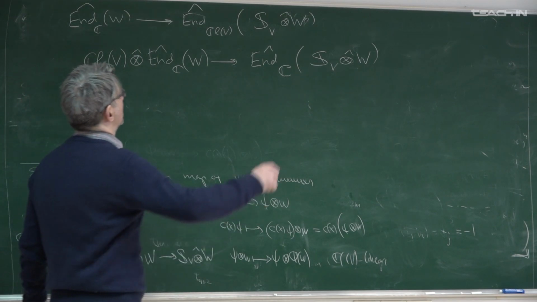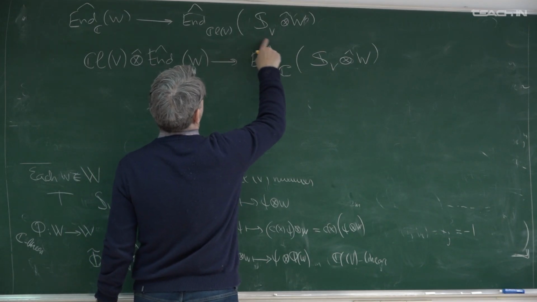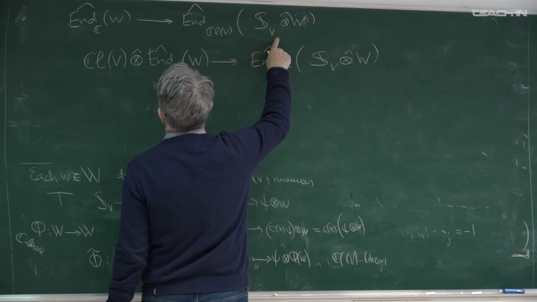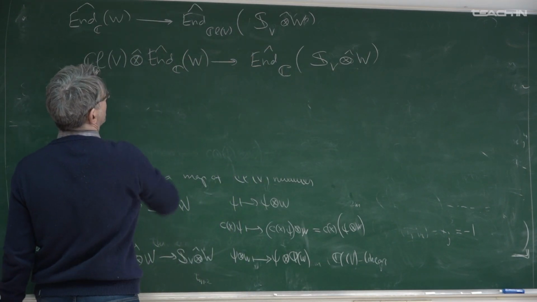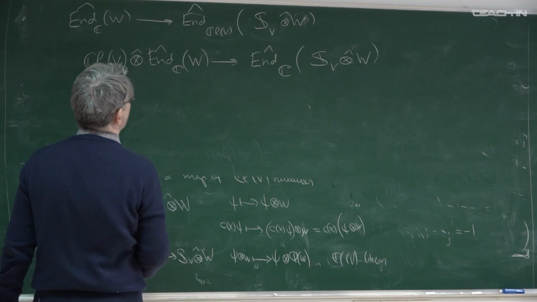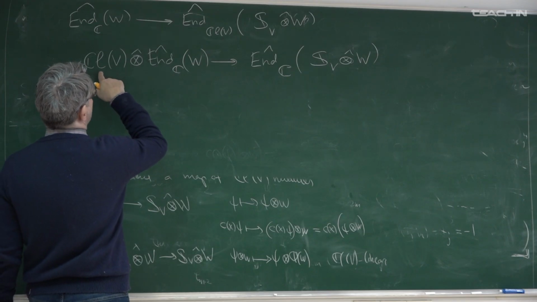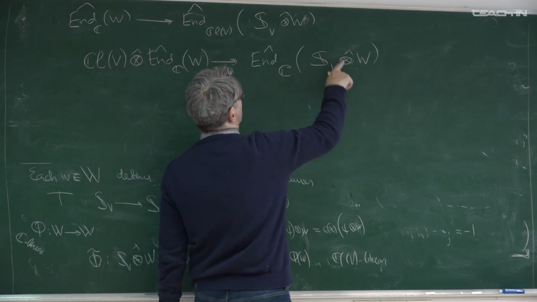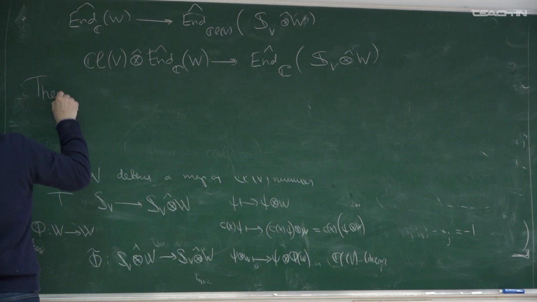Roughly speaking, linearity over Clifford kills this part of the tensor product. So we still have here only C linear. And this thing explains that the Clifford algebra action is only on this part. So, theorem, no proof.